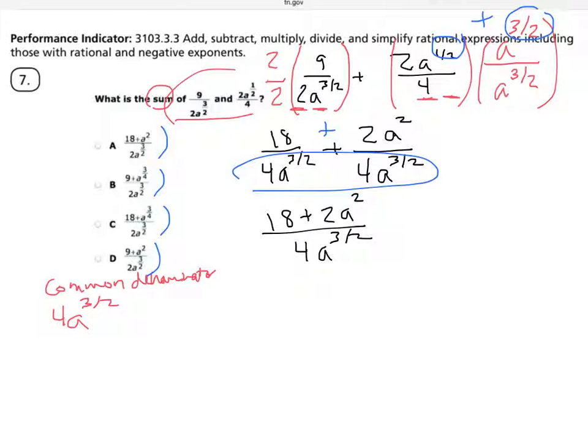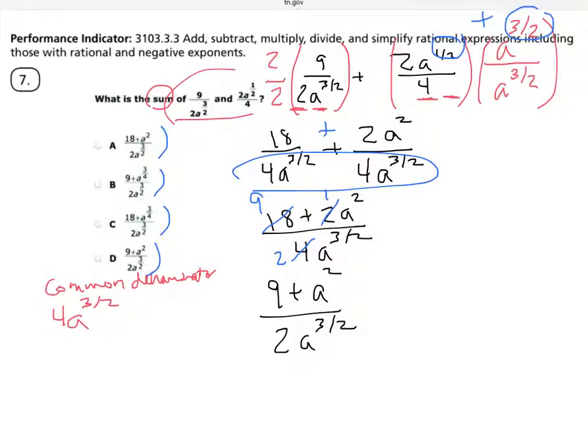So I'm going to go ahead and cancel out a factor of 2 out of the top and the bottom. 2 goes into 4 twice, 2 goes into 18 9 times, and 2 goes into 2 once. So rewriting that, I get 9 plus a squared over 2a to the 3 halves.